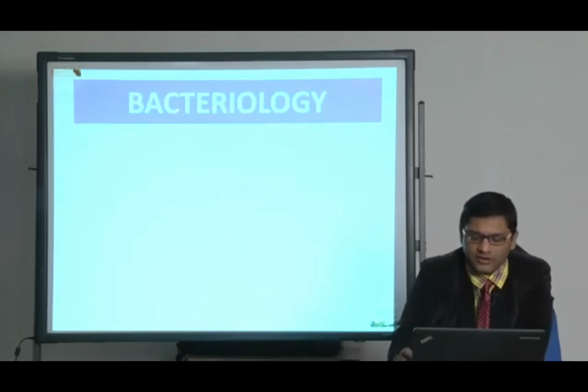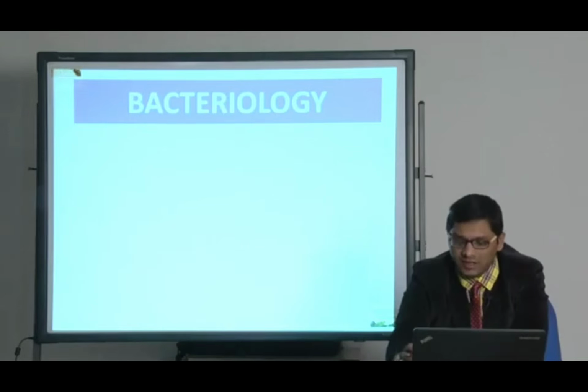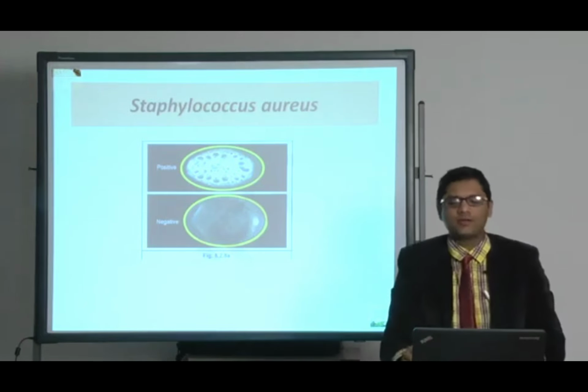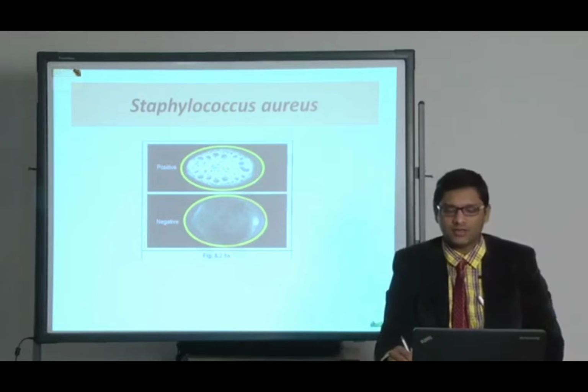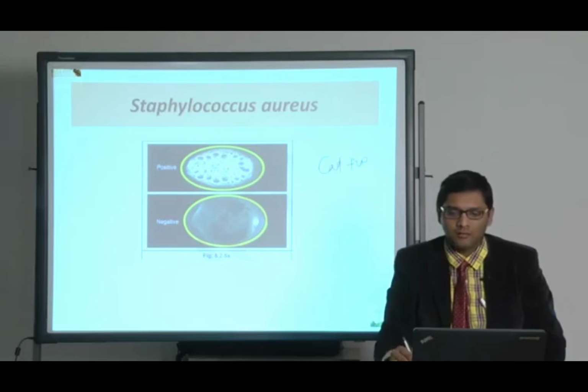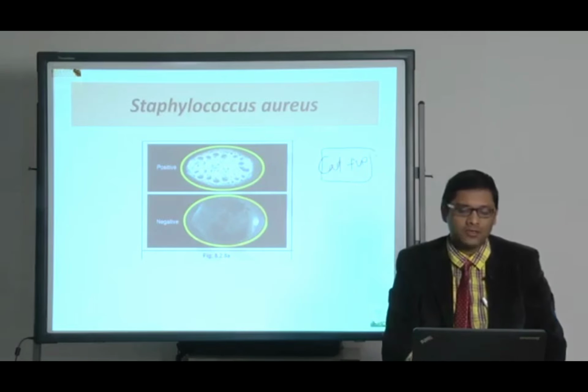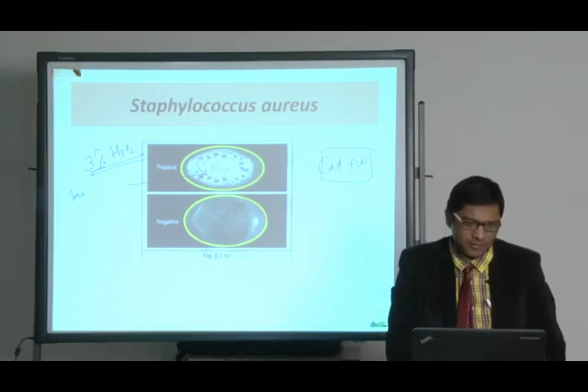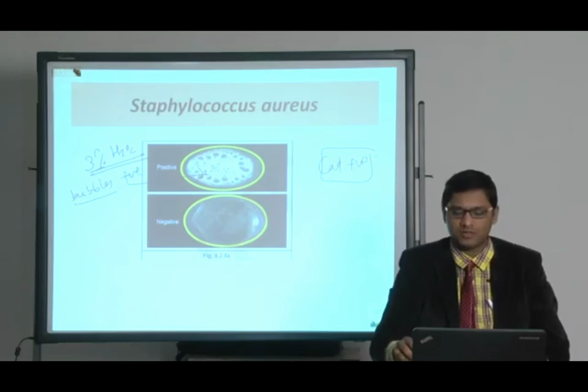So let us now concentrate on images of systematic bacteriology. So coming to the images of Staphylococcus aureus. Staphylococcus aureus is catalase positive. Catalase positive means when you add 3% hydrogen peroxide, bubbles will appear, then it is considered as catalase positive.